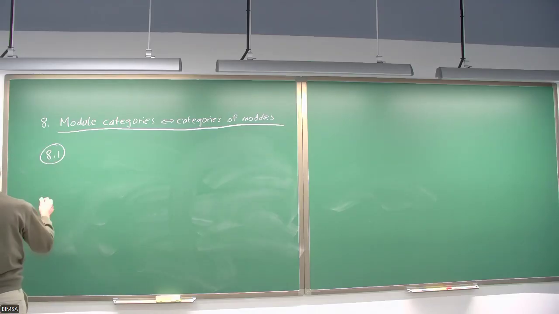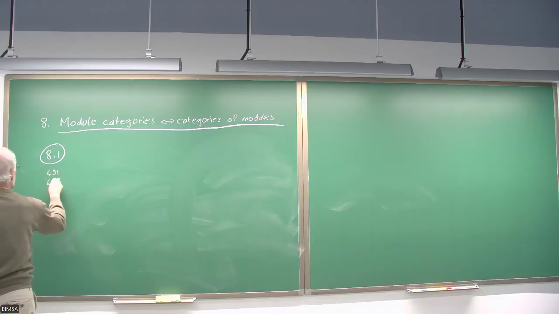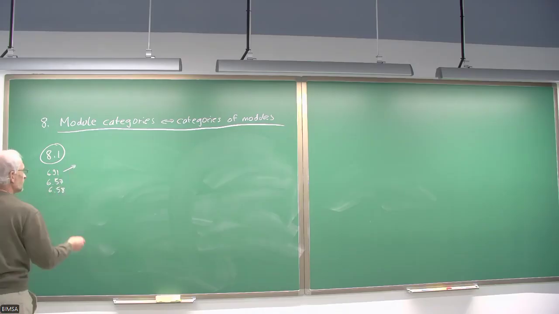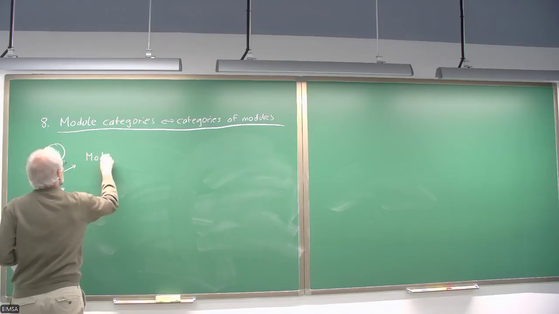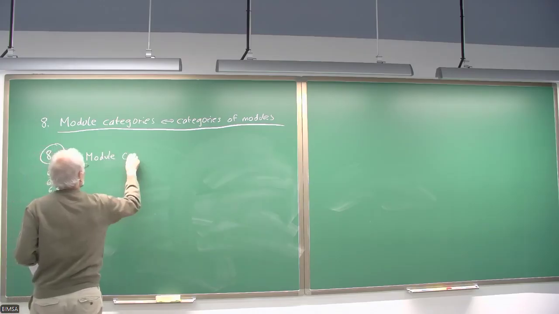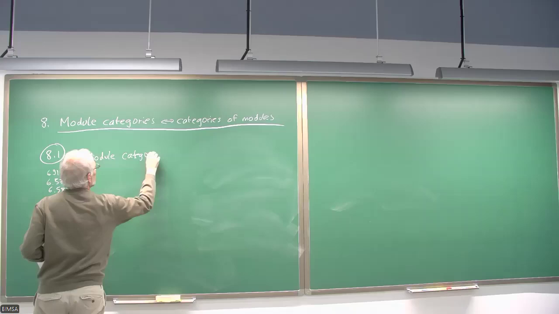This is from 698, 657, and 658. In 698, we have talked about module categories.